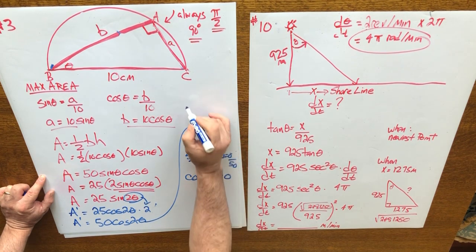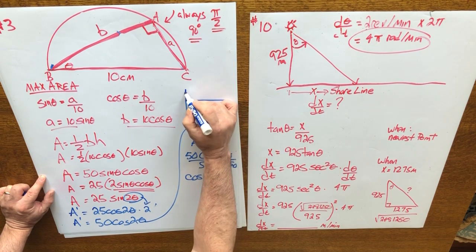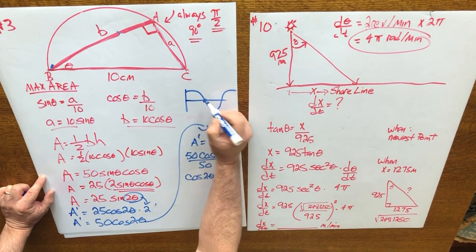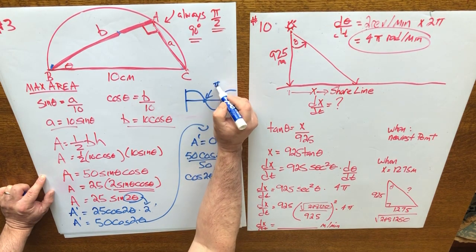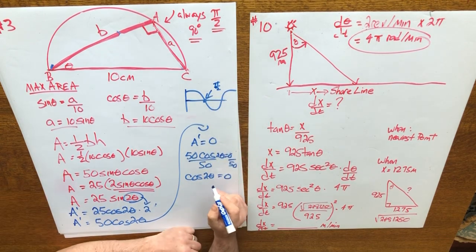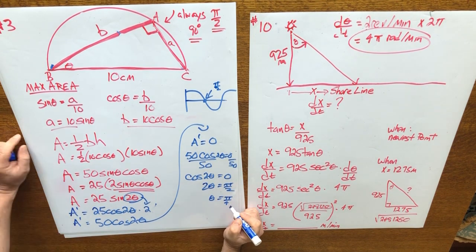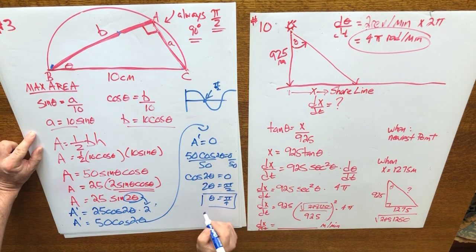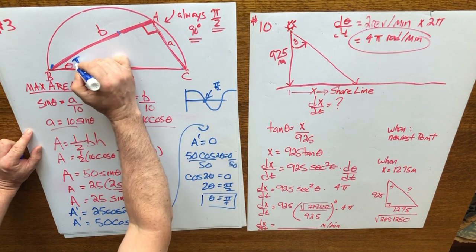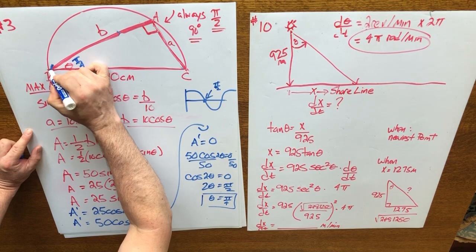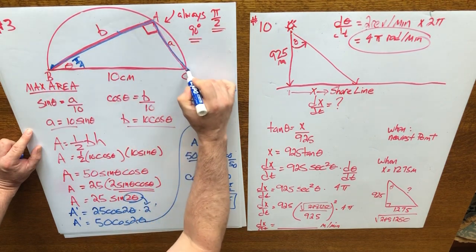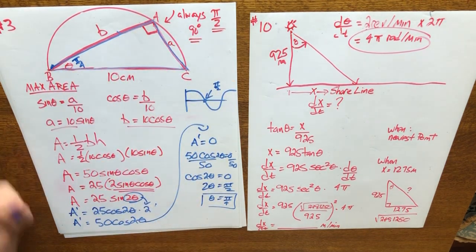And looking at the cosine curve, you know cosine is equal to 0 at pi over 2. So that means 2 theta is equal to pi over 2, which implies theta is equal to pi over 4. Our conclusion is that by making this angle pi over 4, you're going to maximize the area of this triangle.